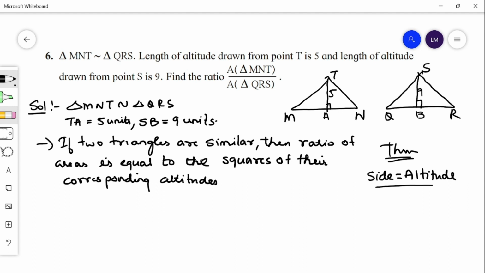So I am reading it again. If two triangles are similar, then the ratio of areas is equal to the squares of their corresponding altitudes.